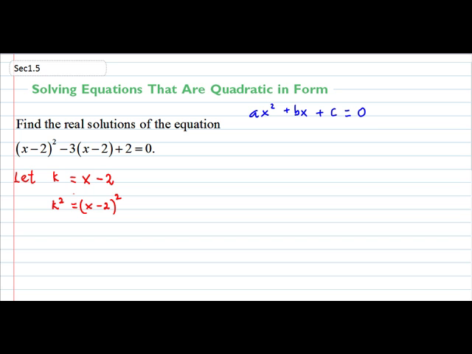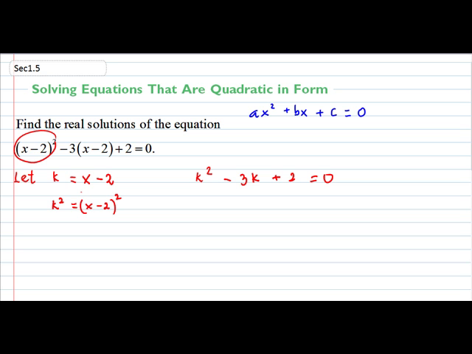So all you have to do is go back here and replace this base by k squared. So I replace this whole thing here by k squared, plus, gives me minus 3 times k plus 2 equal to 0. So I substitute the base by k.